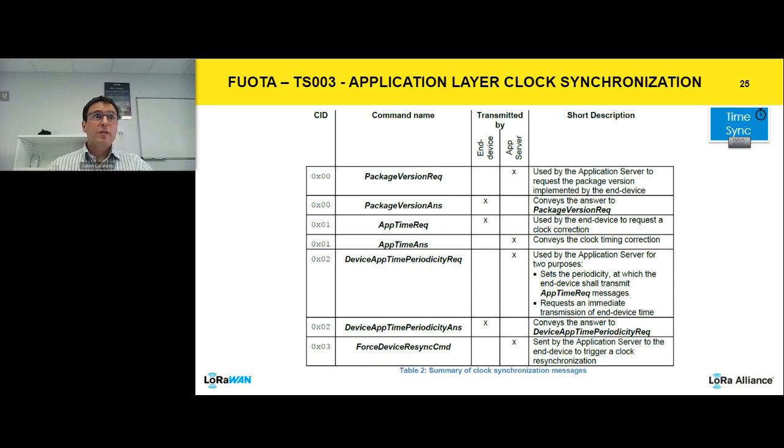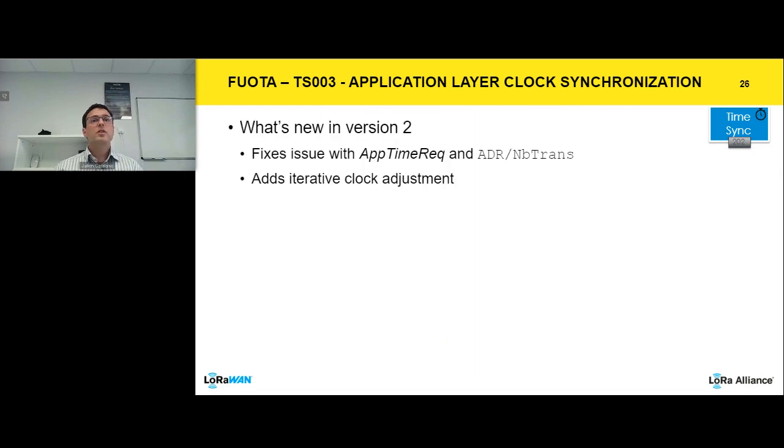As I said, this is version 2 of the spec. What's new is that we found out that version 1 was having an issue with the app time req and the ADR in the LoRaWAN link layer. It was actually transgressing some rules of the LoRaWAN link layer. So we fixed that, and now the clock synchronization specification can be aligned with the link layer.